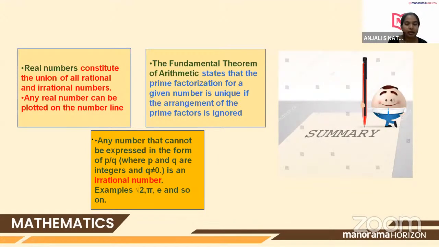And the fundamental theorem, which we already covered, is the unique factorization theorem: every integer greater than 1 can be represented uniquely as a product of prime numbers. That is the fundamental theorem of arithmetic. And finally, we proved the irrationality of some numbers using the method of proof by contradiction.